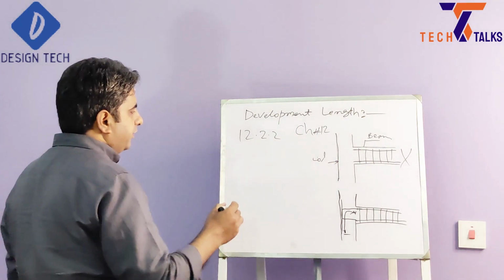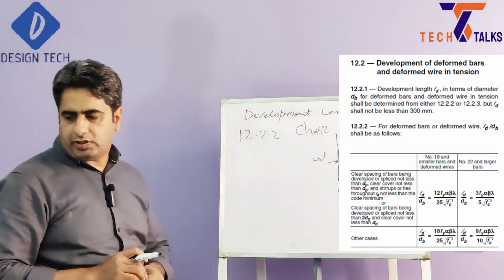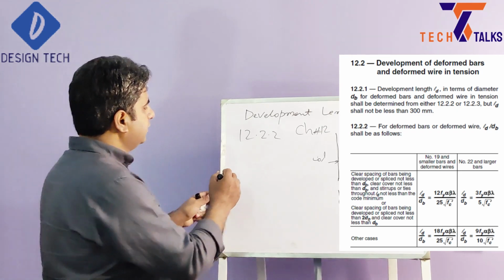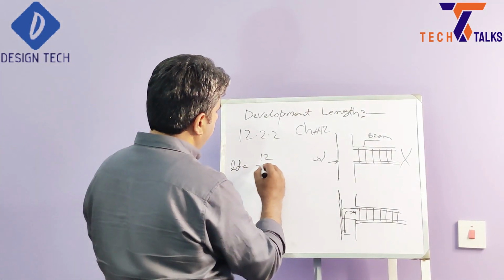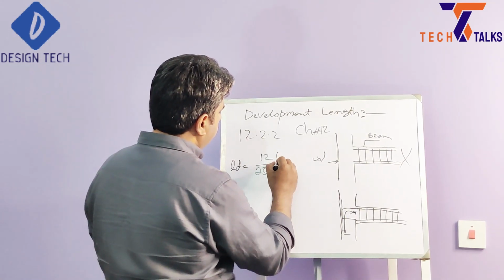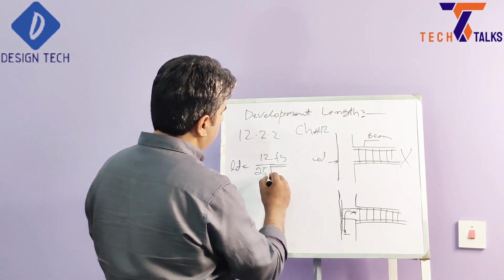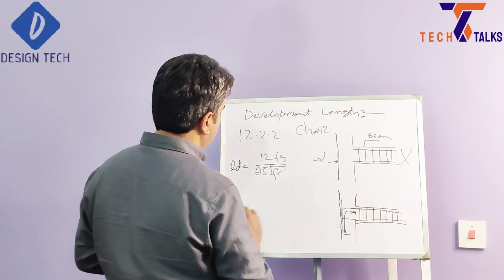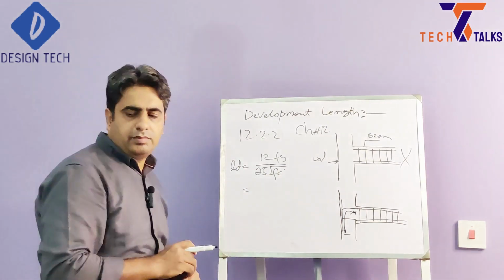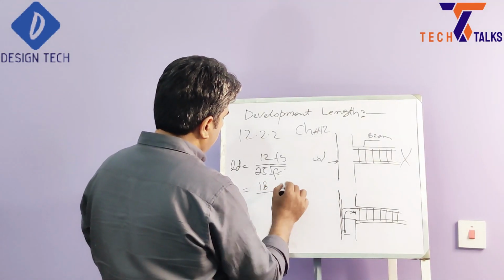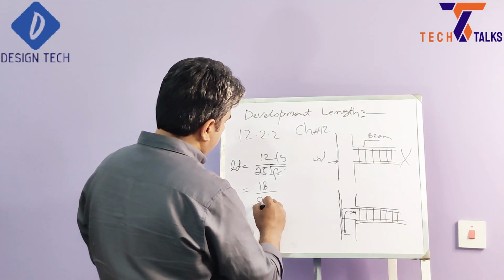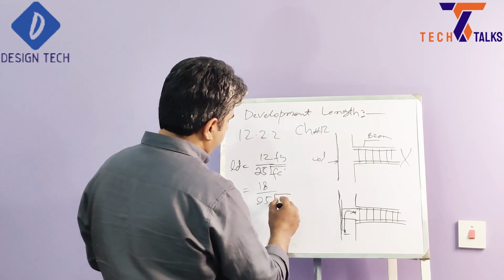So there are different formulas which you can use for development length, like LD is equal to 12 by 25 Fy under root Fc dash, and then there is again one more formula depending on your grade, bar spacing and other factors.